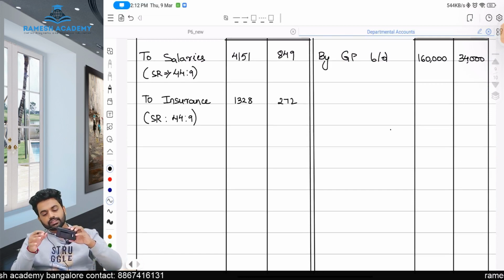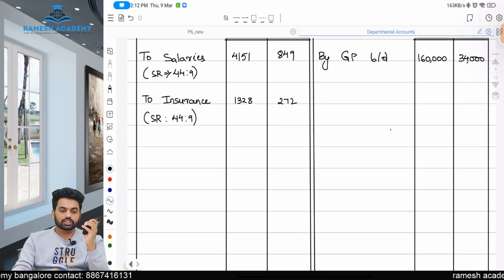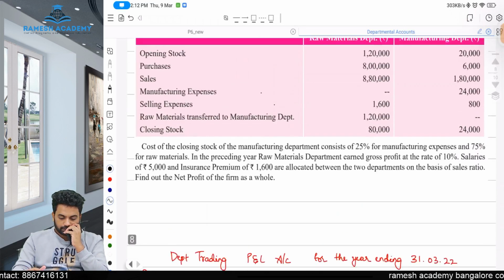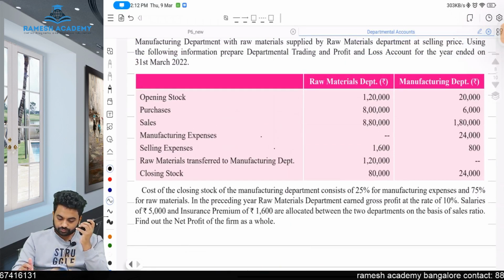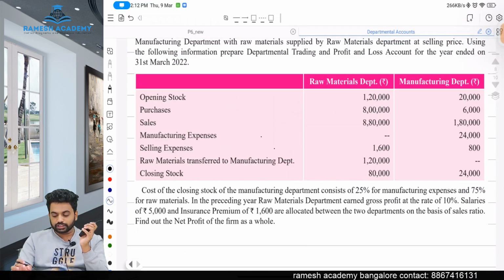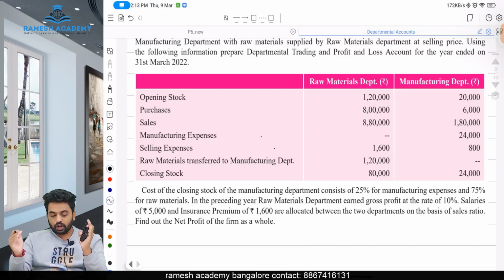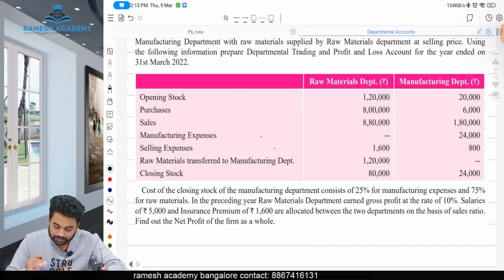Very important, listen carefully guys. There is an opening stock, right? Listen to what they are telling in the question. Cost of the closing stock of the manufacturing department consists of 25% manufacturing expense, 75% raw material. In the preceding year, the raw material department earned a profit at the rate of 10%.